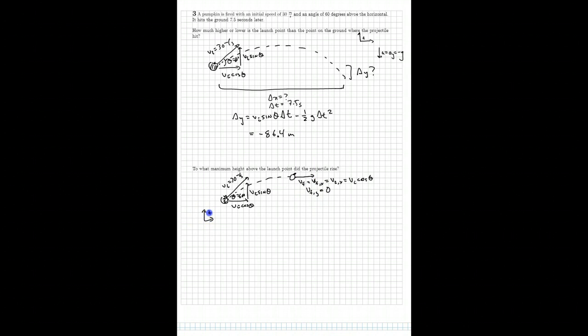I'm going to choose up and right as positive, so my delta x is unknown, but it would be positive. My delta y is unknown, and that's what I'm trying to find. My delta t, I don't know either. I do know my acceleration is down, and it's only in the y dimension, and it's negative g.